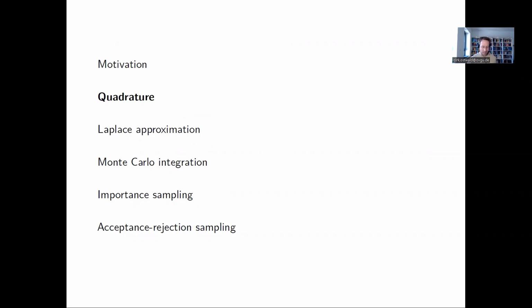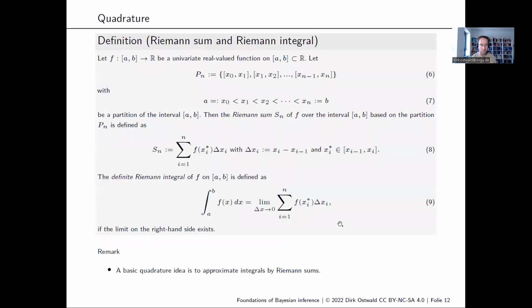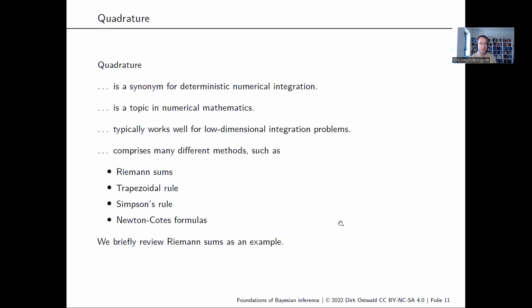Now we want to not use our analytical skills of finding antiderivatives, but do it numerically. One way to do that is called quadrature. Essentially, this uses the definition of the Riemann integral as a limit of Riemann sums. And that's what quadrature is about, and that works. Let me show you what that means.